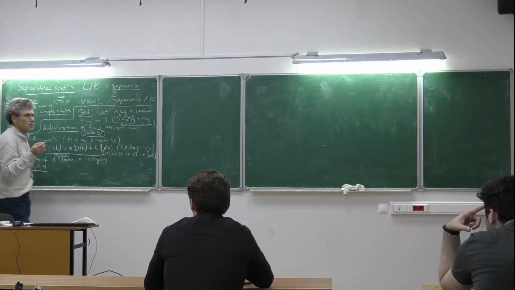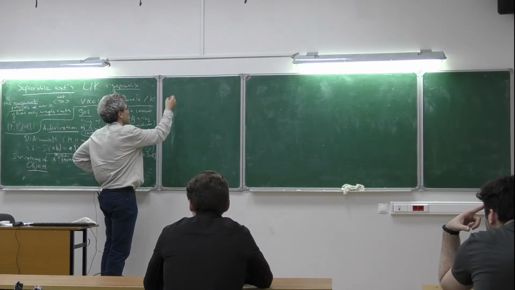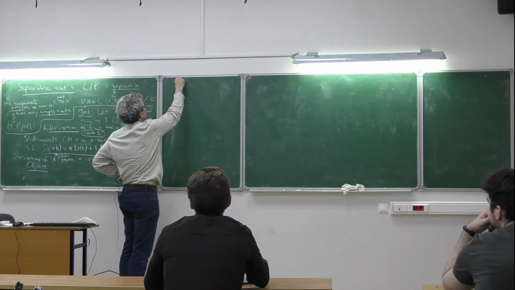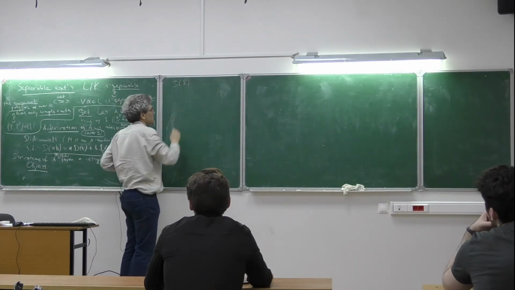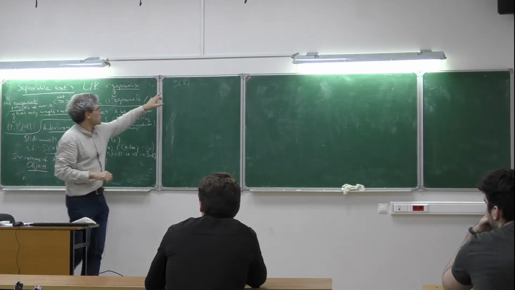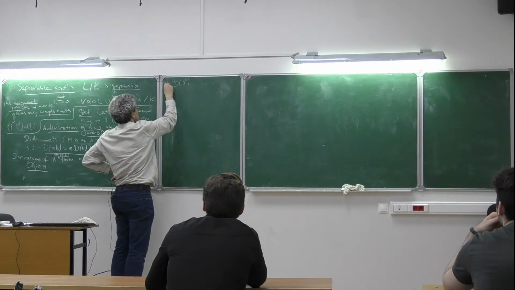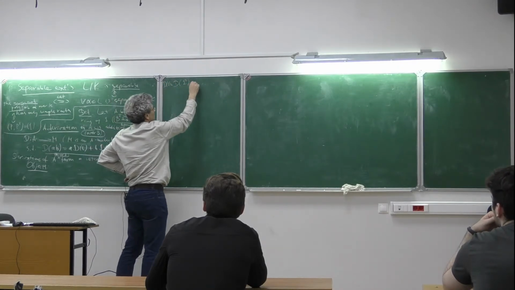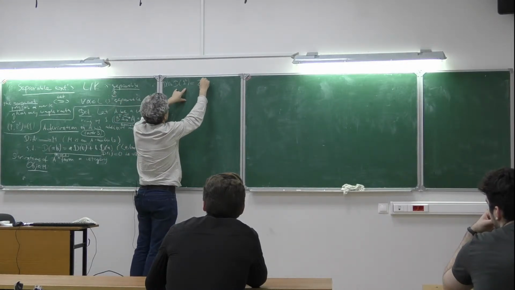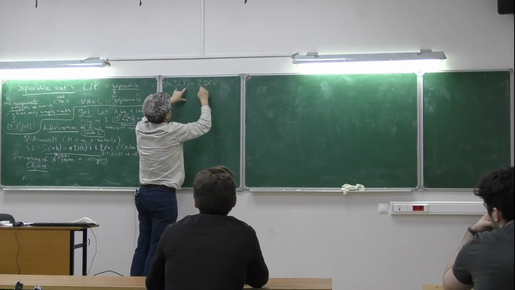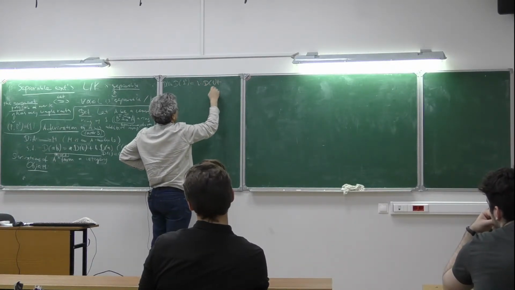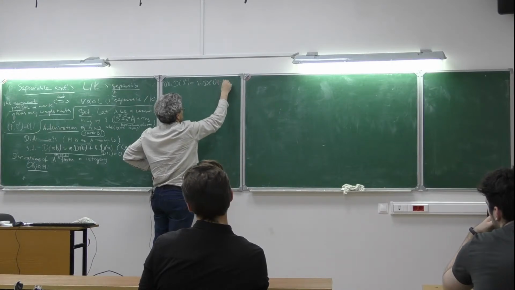You can imagine that this is 0, but you have to prove this. d of 1 is the same as d of 1 squared, and by the Leibniz rule this is 1 times d of 1 plus 1 times d of 1.